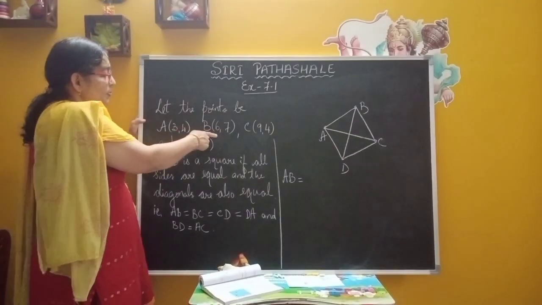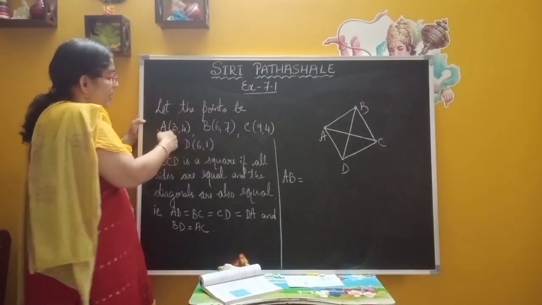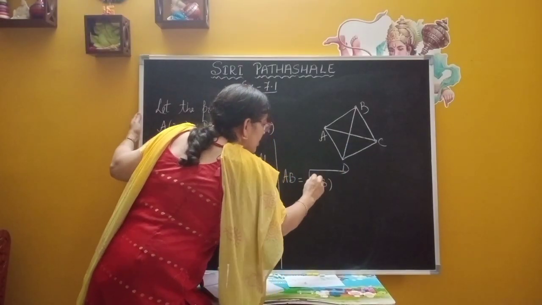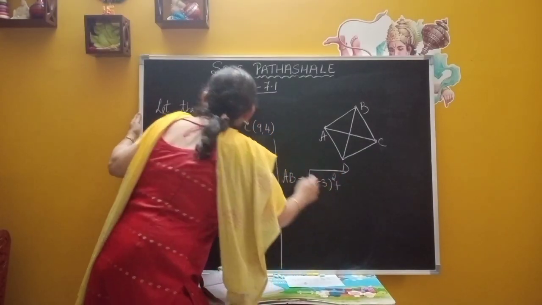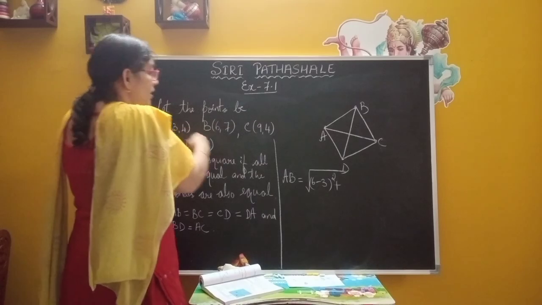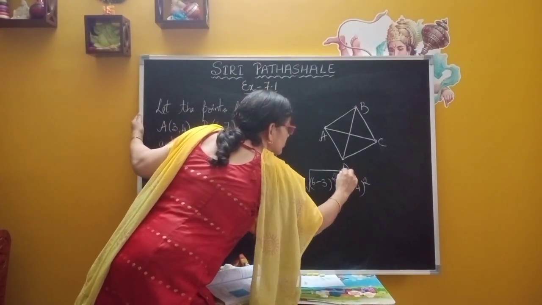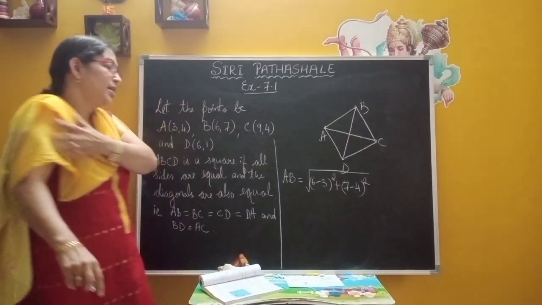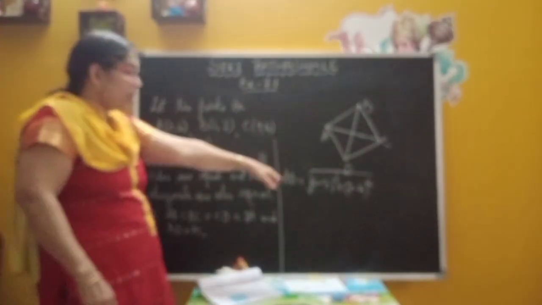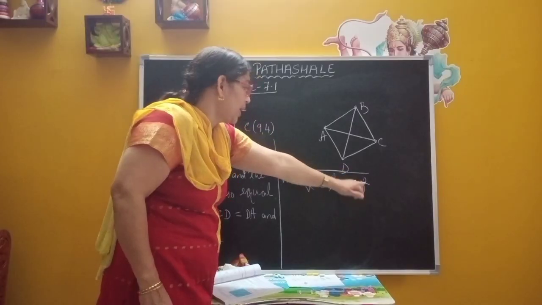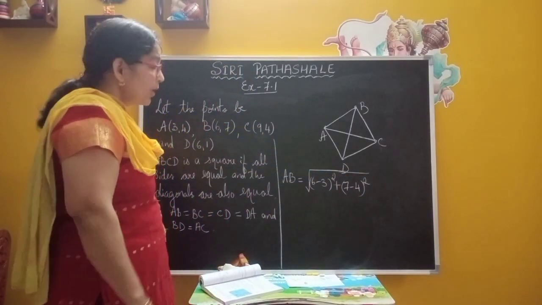So AB is the square root of (6 minus 3) whole square plus (7 minus 4) whole square. 6 minus 3 is 3, 3 square is 9. Plus 7 minus 4 is 3, 3 square is 9. 9 plus 9 is 18. So AB is square root of 18.